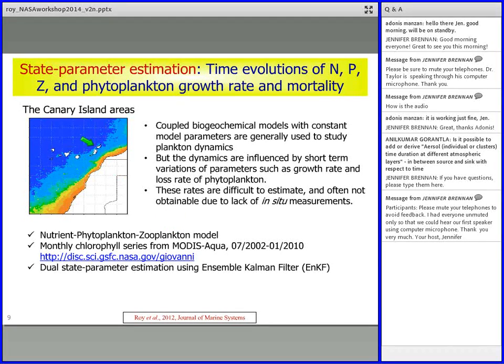So there's a high chance that the growth rate and mortality of phytoplankton change over time, which we don't know. And we also retrieved the chlorophyll time series from MODIS Aqua using Giovanni from 2002 to 2010. And we implemented a data assimilation technique. In this case, we call this a dual state parameter estimation using Ensemble Kalman filter.